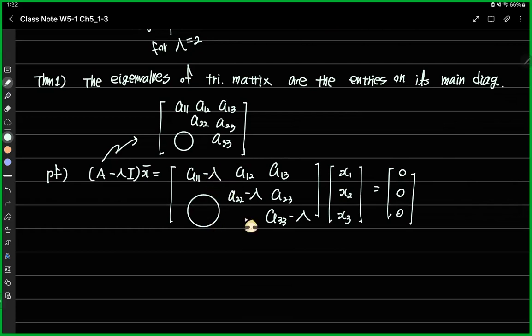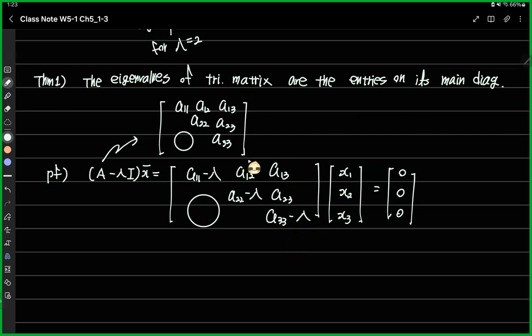one of the column vectors must be a non-pivot column, isn't it? If all 3 columns are pivot columns, this system is going to have only the trivial solution. It means that there is no eigenvalue. So in order to have non-trivial solutions, for instance, the third column must be a non-pivot column, which means A33 minus lambda must be 0, which means lambda must be A33. Is it?